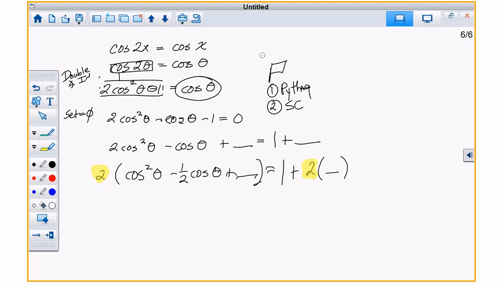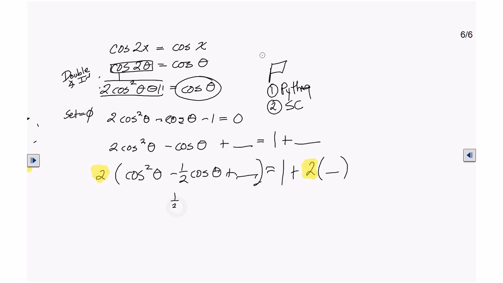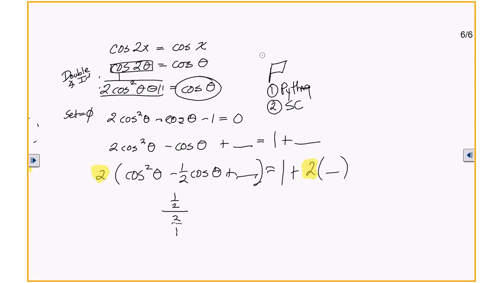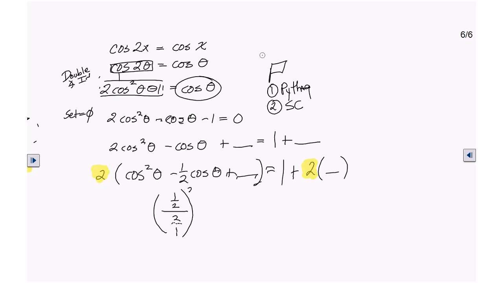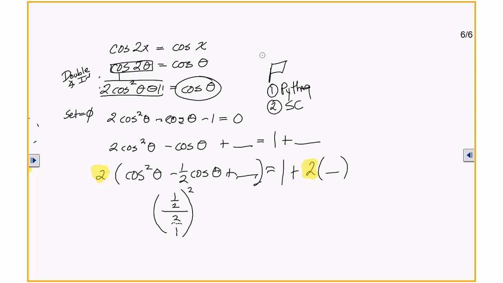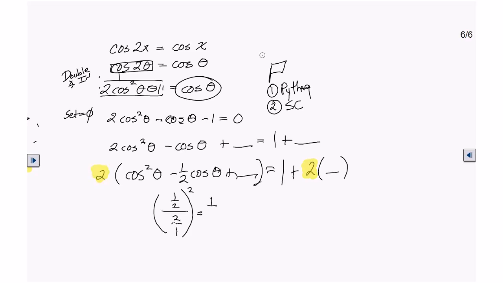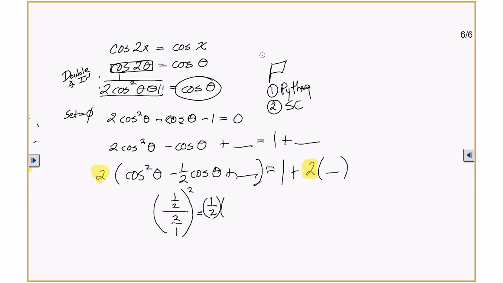So 1/2 divided by 2, then square it. And when you divide by a fraction, you multiply by the reciprocal. 1/2 times 1/2 and square it. 1/2 times 1/2 is 1/4. 1/4 squared is what? 1/16.